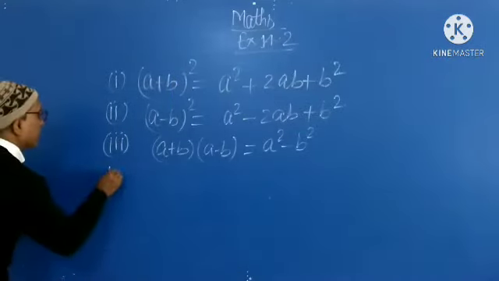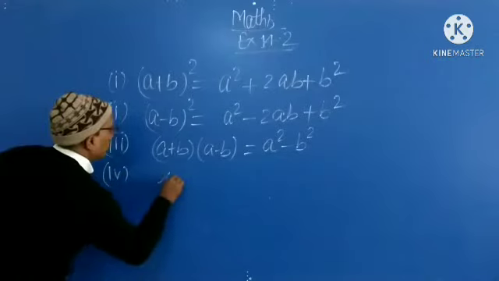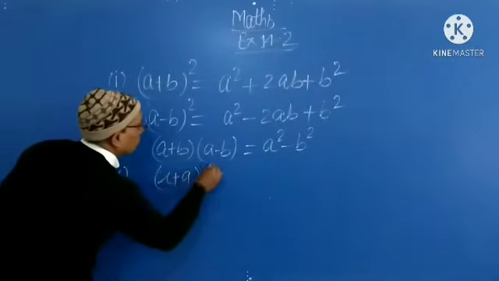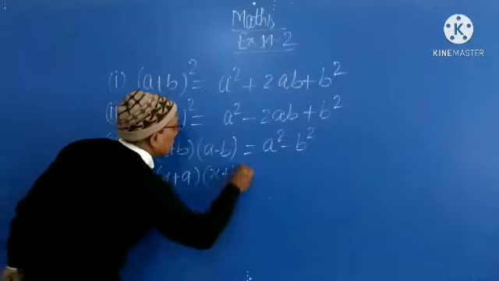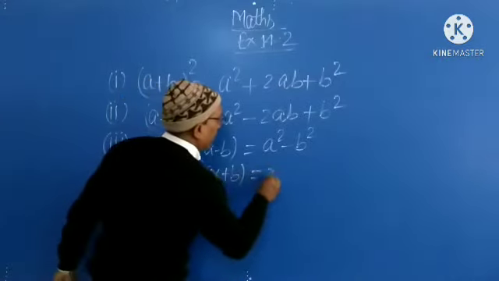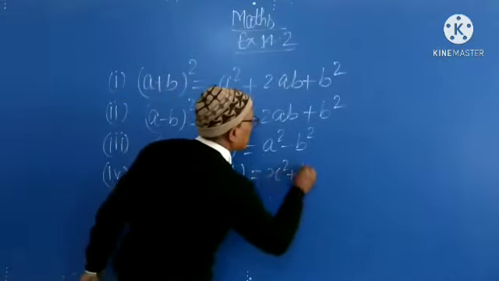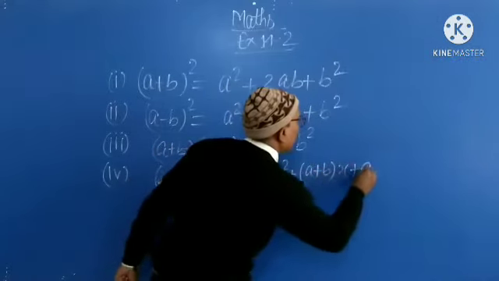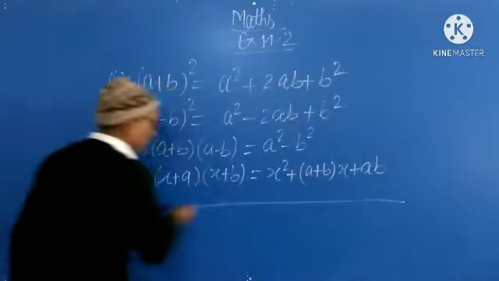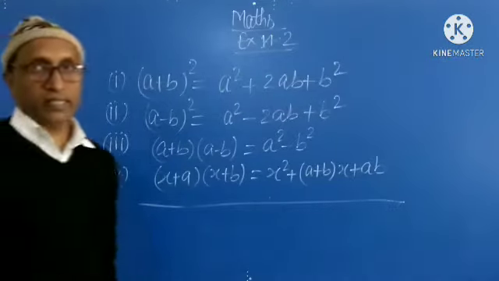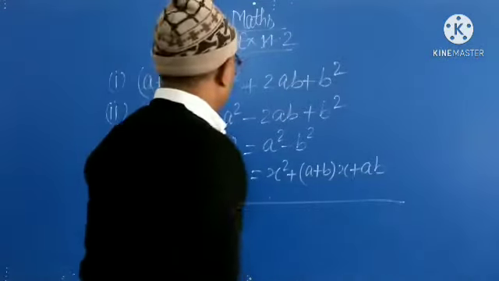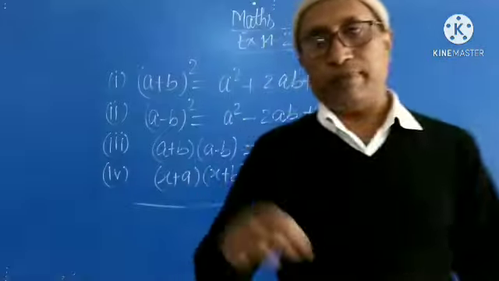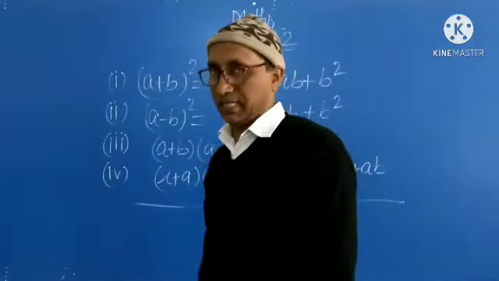And fourth identity is (x plus a) into (x plus b) equal to x square plus (a plus b) into x plus ab. By using these identities, we are going to factorize the given expressions.